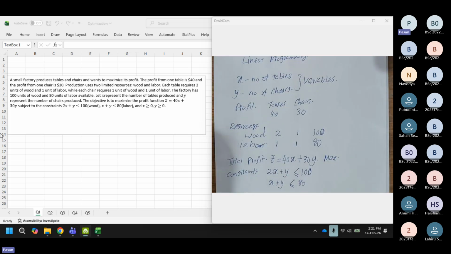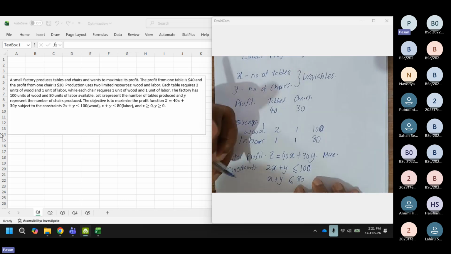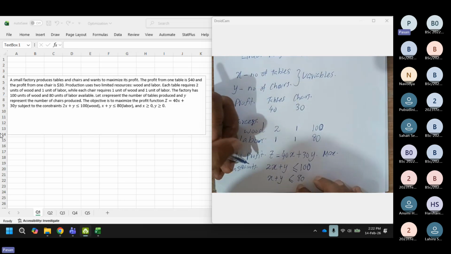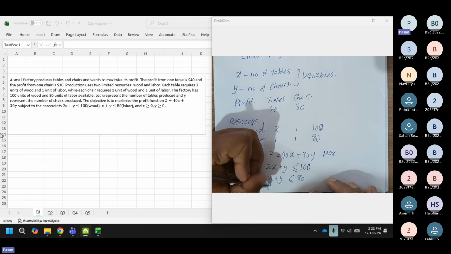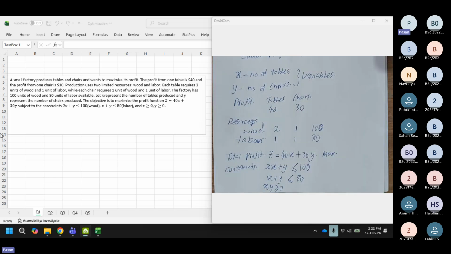So these are our two restrictions. And other than that, of course, we know that both X and Y are positive, so they have to be greater than or equal to 0, right?